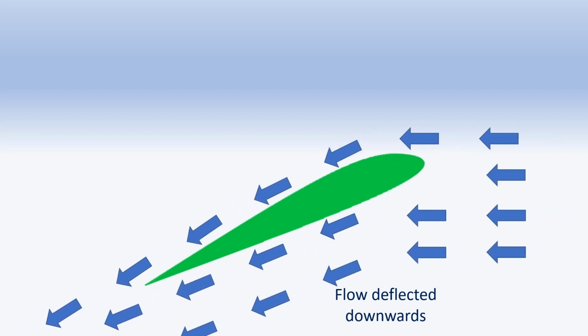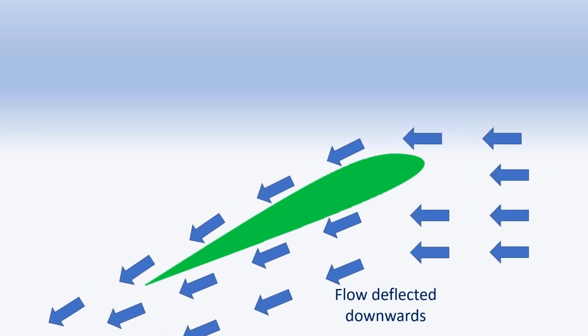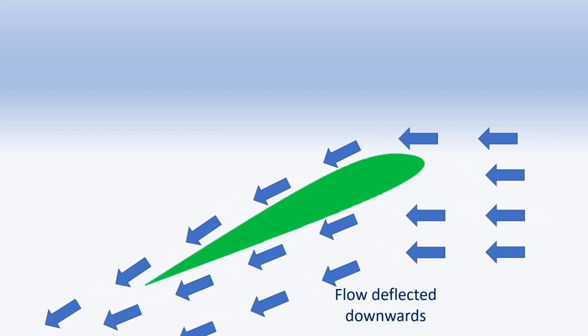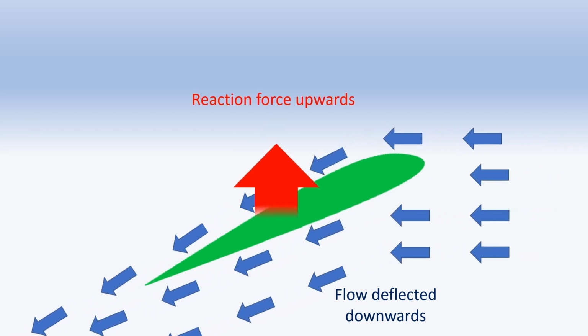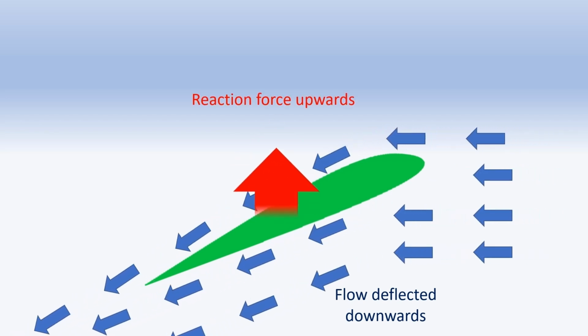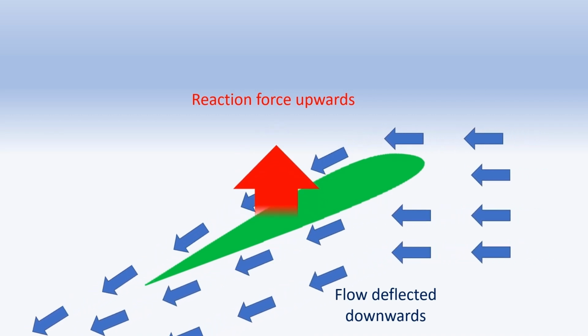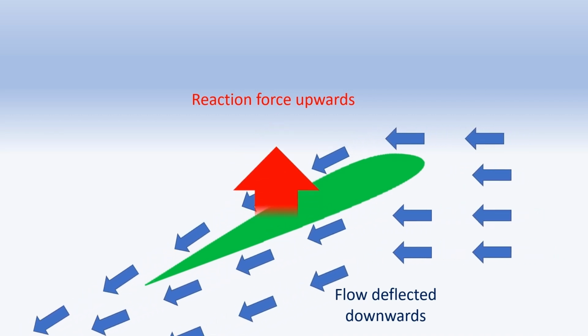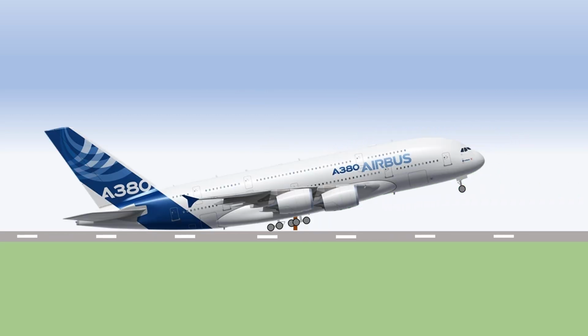Again, according to Newton's law, for every action, there is an equal and opposite reaction. The deflected airflow creates an upward reaction force on the wing. As a result, more lift is generated for the aircraft. Finally, with enough lift, the aircraft can climb into the sky.